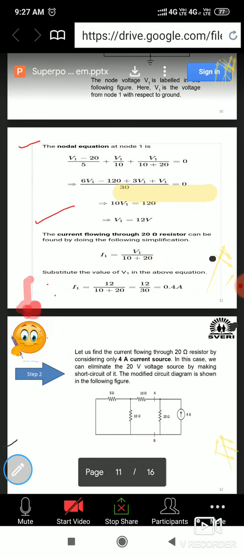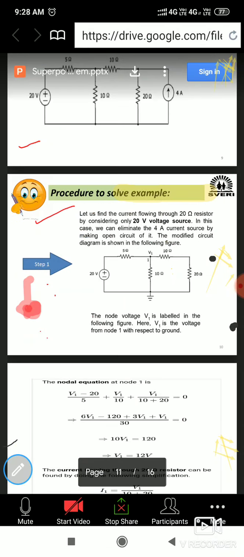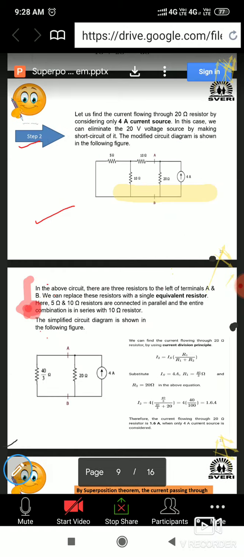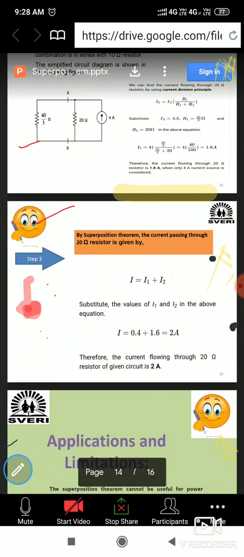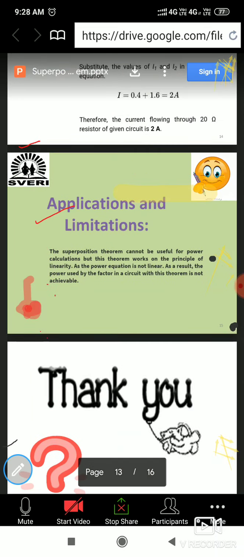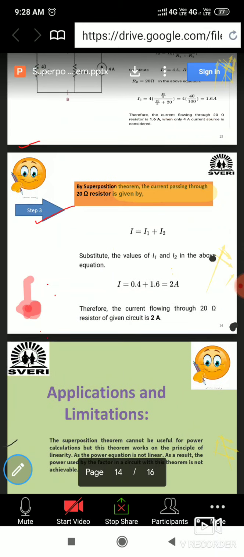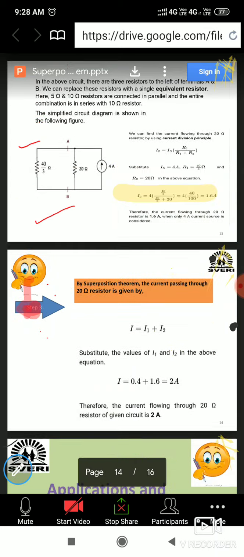First, we have covered what the superposition theorem is.